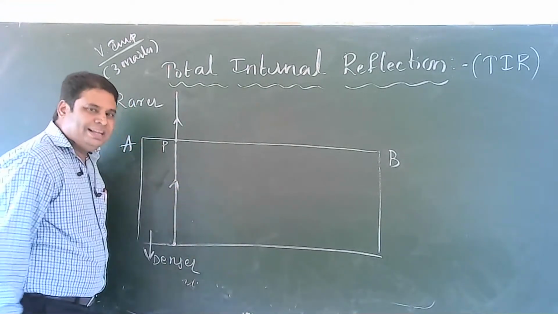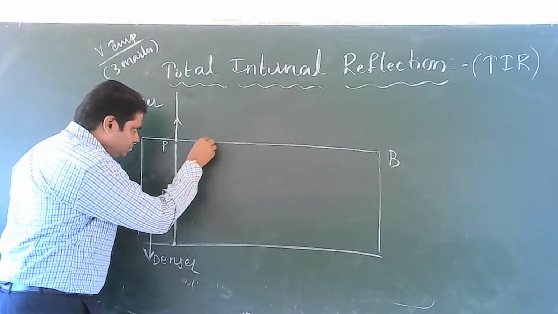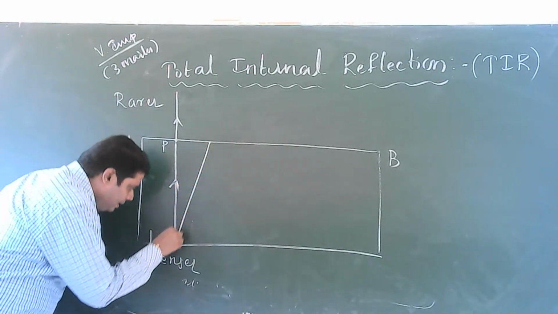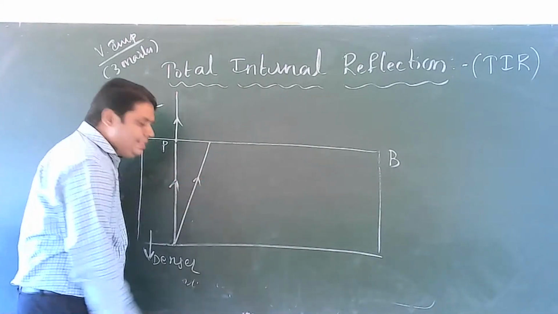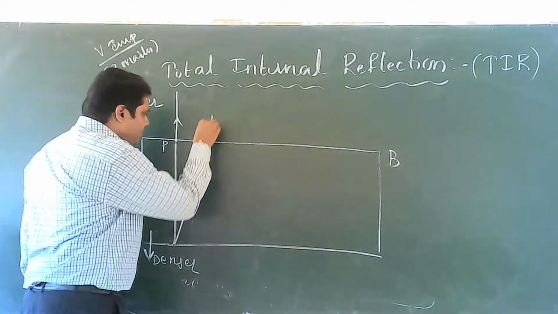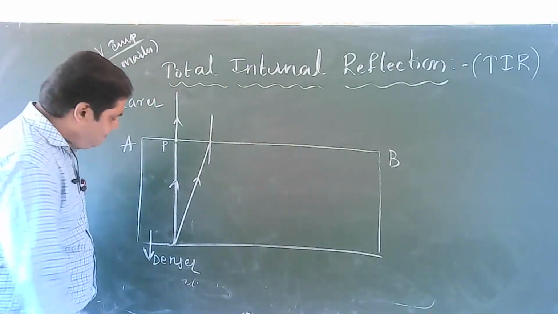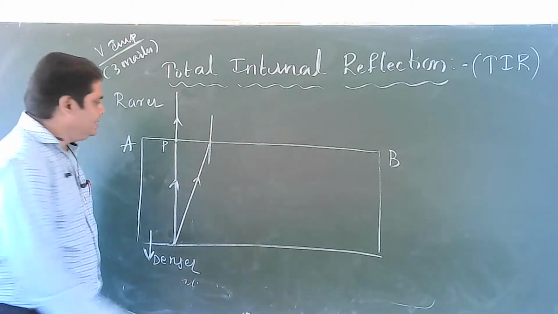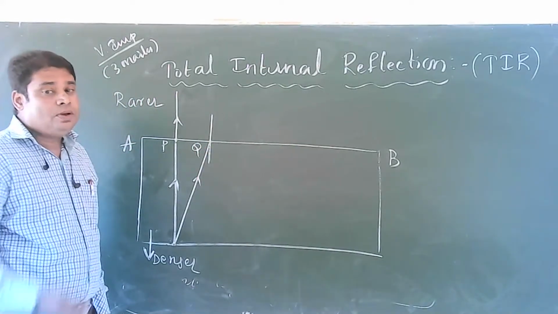This is the first ray. Let me consider one more ray, the second ray. When this beam is incident on this point, say Q, what do we observe?